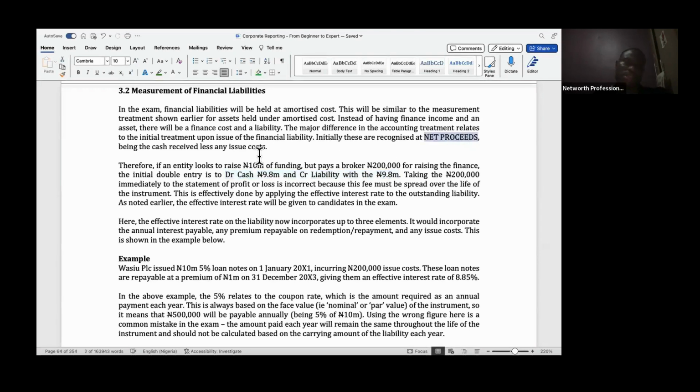In a financial asset scenario, the one I discussed earlier, the guy also incurred costs to invest. You could involve a broker. If you had invested 10 million, you now pay the broker. In that situation, the standard says that if the investment is classified at amortized cost or at fair value through OCI, you capitalize it.